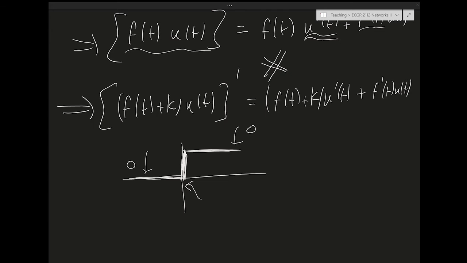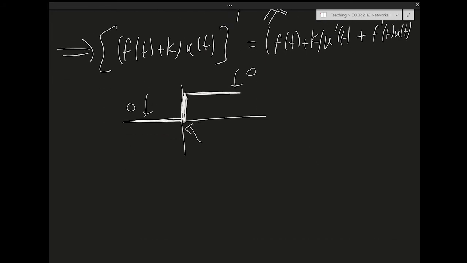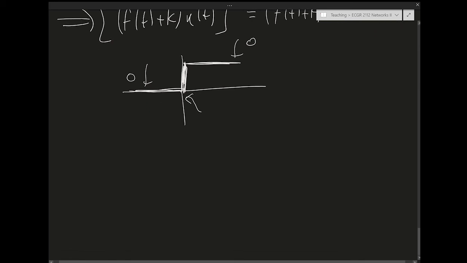One thing we could do is approximate u of t, and consider u of t to be the limit of some family of functions, m of epsilon, as epsilon approaches 0.